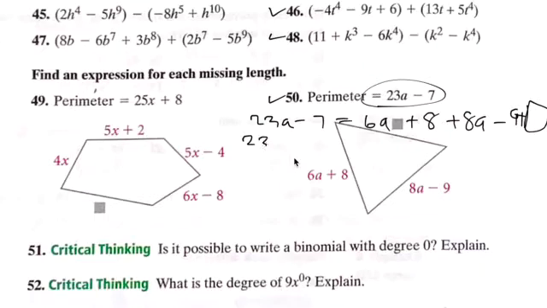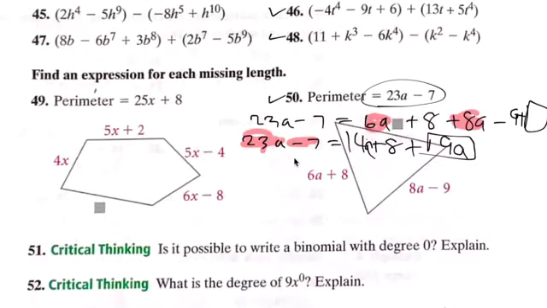So 23a minus 7 equals to 6. Combine these two together. That's 14a plus 8. What do we need to add that to get 23a and negative 7? So you need 9a minus 7, so that's negative 8.